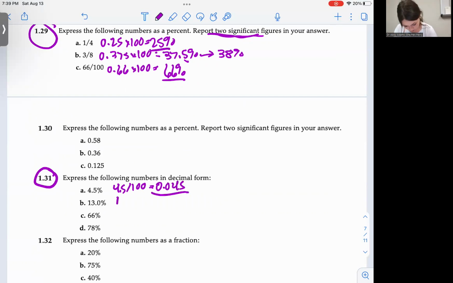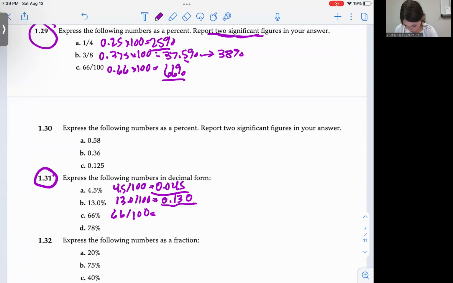So you're going to have 13.0 divided by 100, and we're going to keep with the significant figures. So that's 0.13, and you have three significant figures, so 0.130. Okay, that's your decimal. Here, 66 divided by 100.